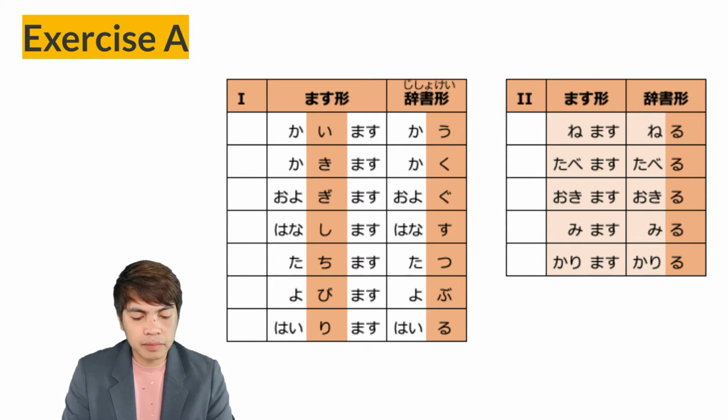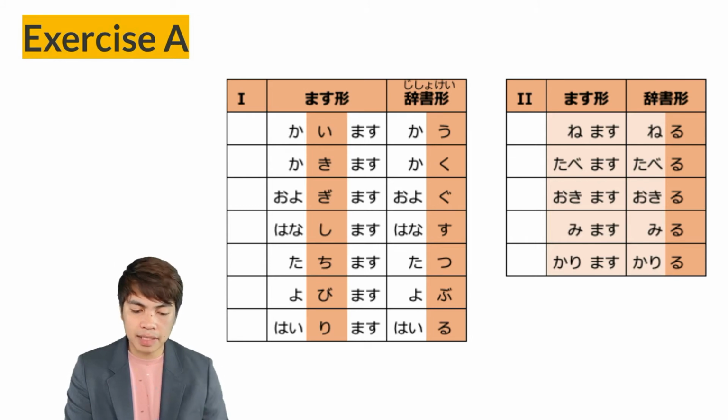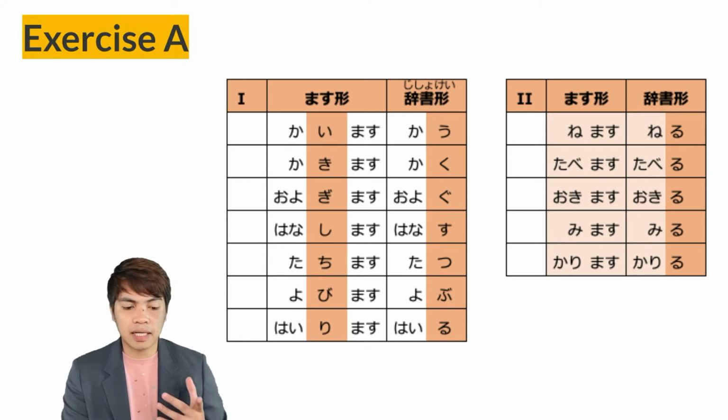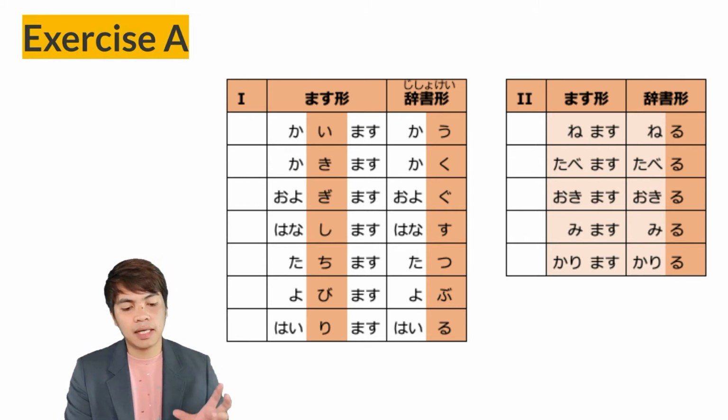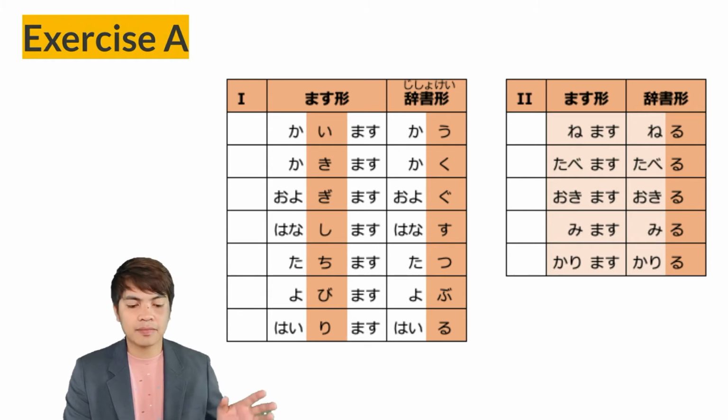For the group 1 verbs, if we remove the masu, all last characters are i sound characters. So for example, kaimasu, remove masu, kai, so i sound. Next, kakimasu, remove masu, kaki. Oyogimasu, oyogi. Hanashimasu, hanashi. Tachimasu, tachi. Yobimasu, yobi. Hairimasu, hairi. Now, just simply change the i sound characters to their u sound characters.